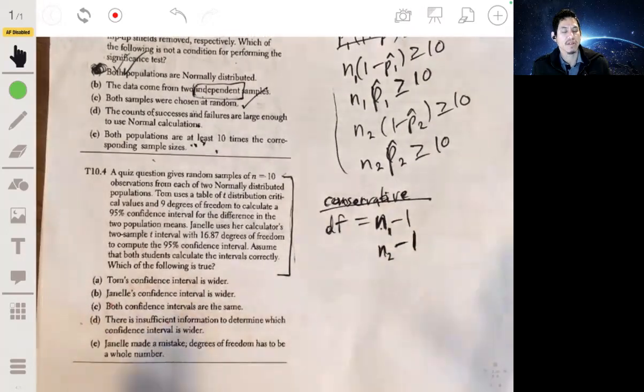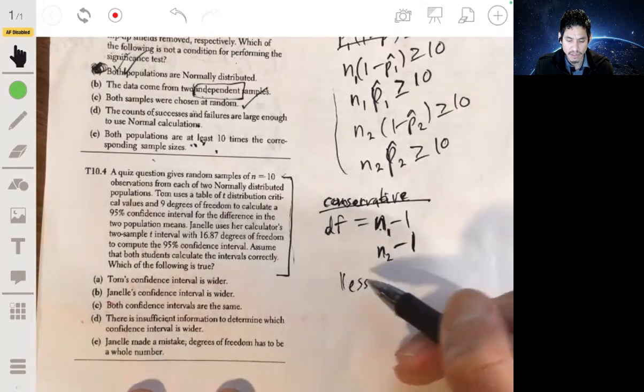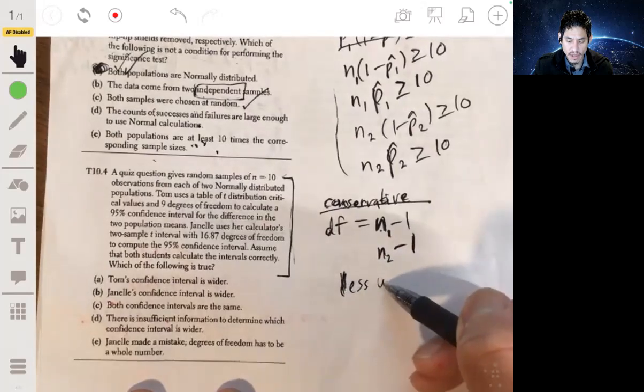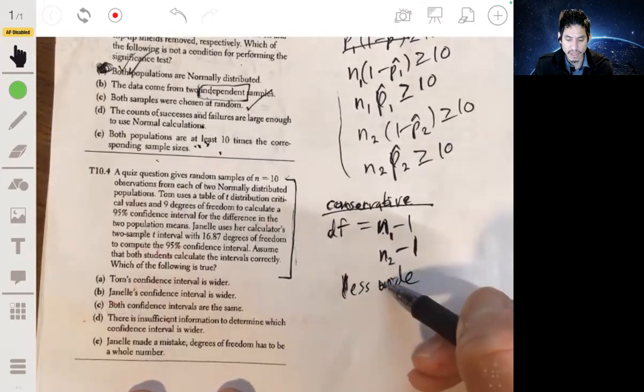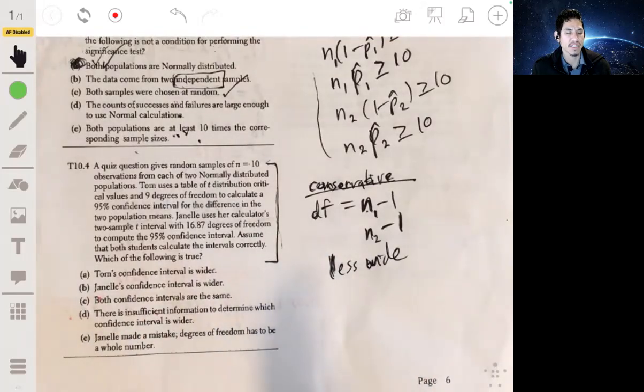Now the smaller the degrees of freedom is, the more conservative it's going to be, so the less wide it's going to be. Being conservative, we're talking about the confidence interval being less wide, because the less wide a confidence interval is, the more certain you are that it's going to capture the values that it says it captures.